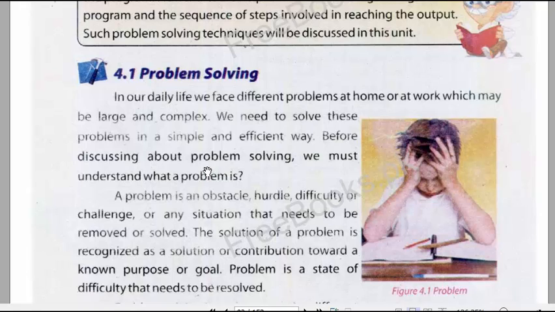In computer science, we name every task a problem until the task has been performed. Like in math, there is an algebraic expression x square plus y square is equal to 2. That is a problem in the sense of computer science. We name it a problem, and how we are going to solve such a problem, that we will follow.